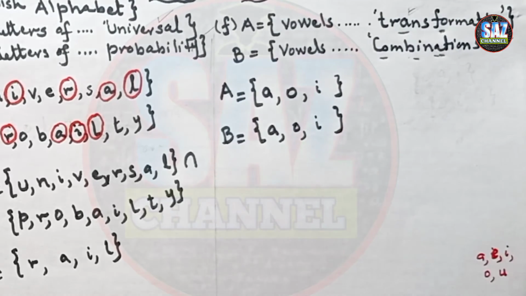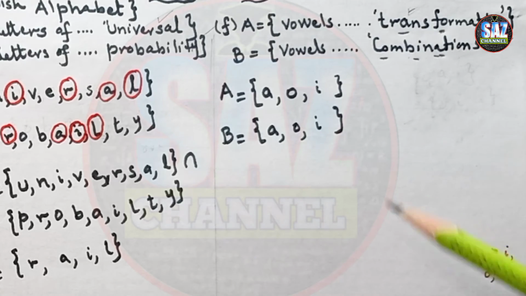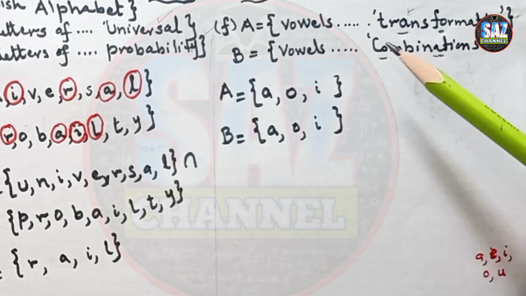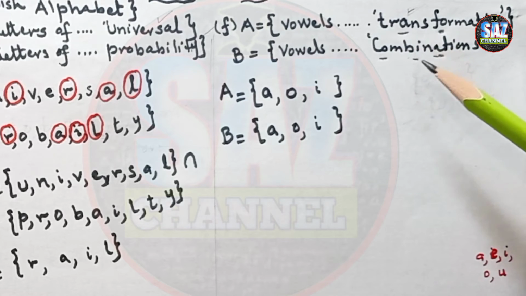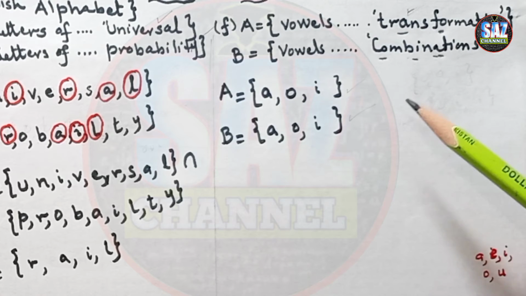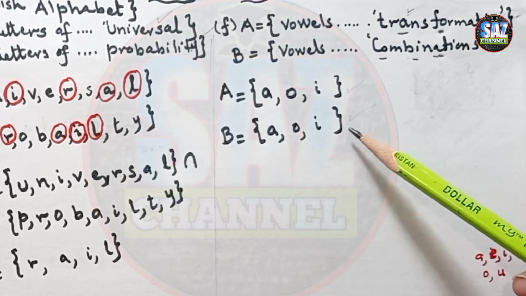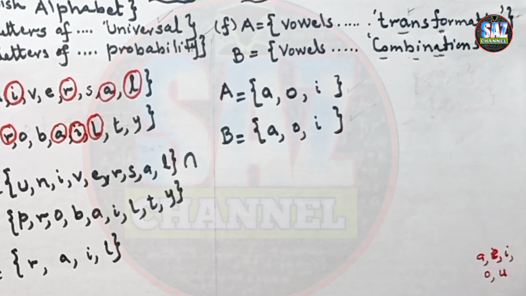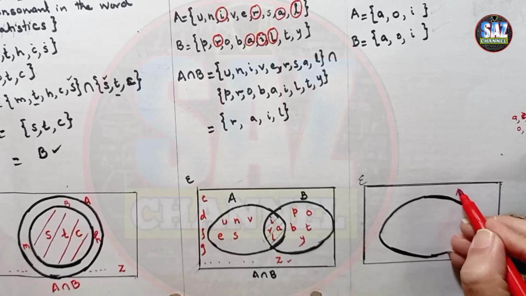After writing the sets, we have to observe both the sets carefully. We can see that after picking up the vowels from transformation and the vowels from the word combination, both the sets A and B are the same sets. So we are not going to have two different sets. In this case, how are we going to draw the Venn diagram?